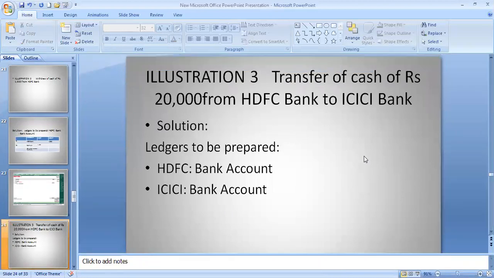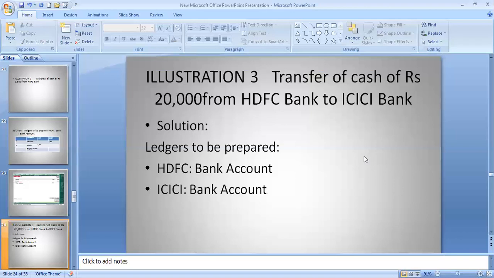This is very important. Transfer of cash of rupees 20,000 from HDFC Bank to ICICI Bank. See, here there is a bank-to-bank transaction. Both appear in the group bank accounts only. As there are two bank transactions, both appear under bank accounts. Who is the receiver here?